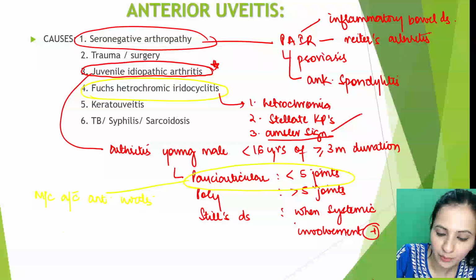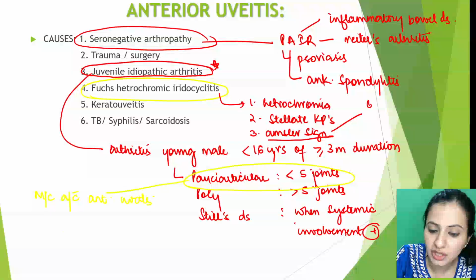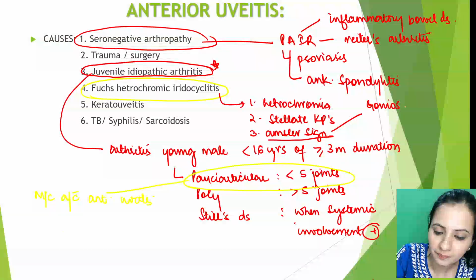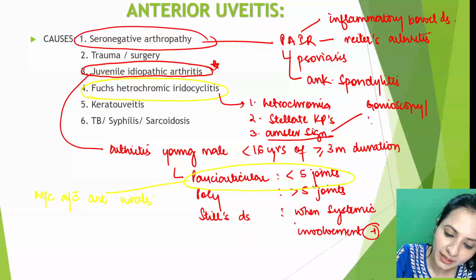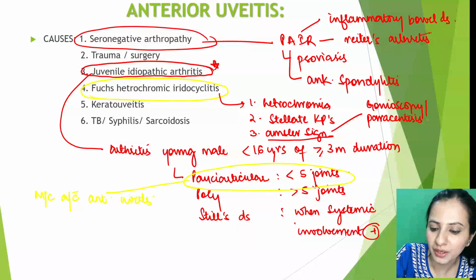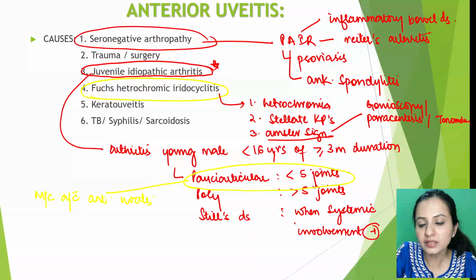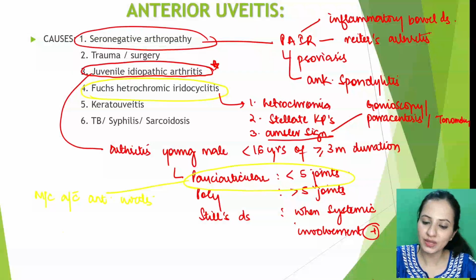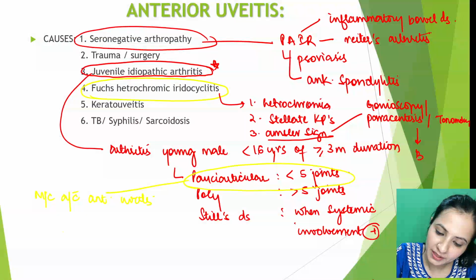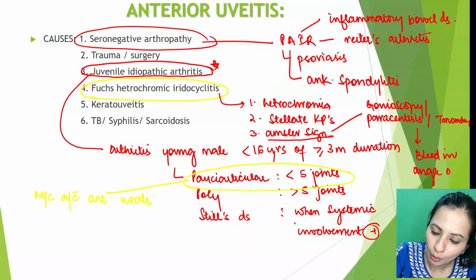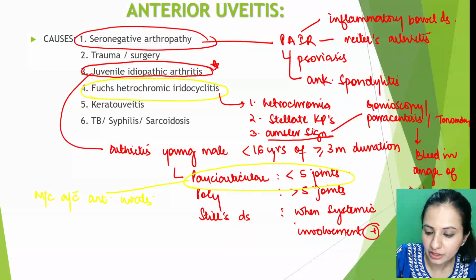It says that whenever you do any procedure such as gonioscopy, or you are doing any paracentesis, or tonometry, then because of the rupture of the iris vessels, what happens? There will be a bleed in the angle of the anterior chamber.